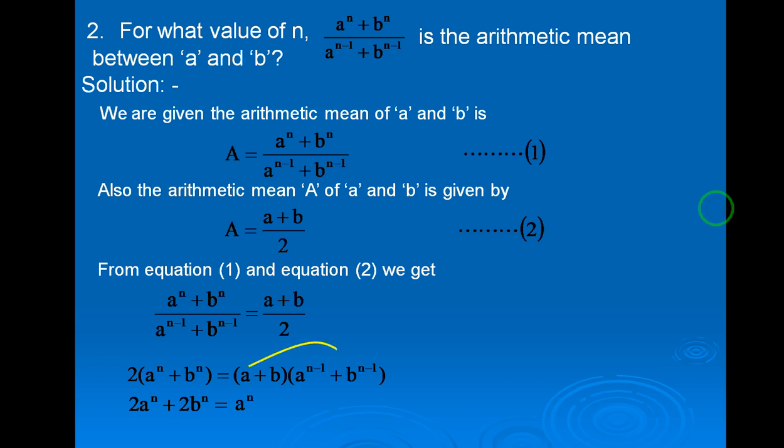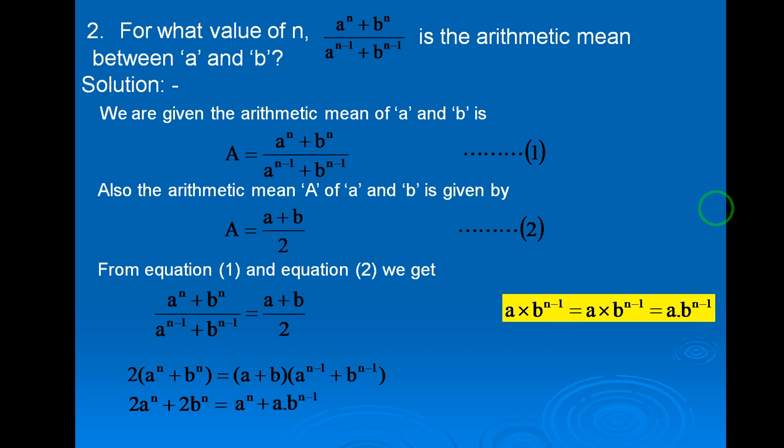Now multiply a with the second term b^(n-1). A into b^(n-1) is equal to a b^(n-1). So the second term becomes plus a b^(n-1). Now multiply the second term b with each term in the second bracket.